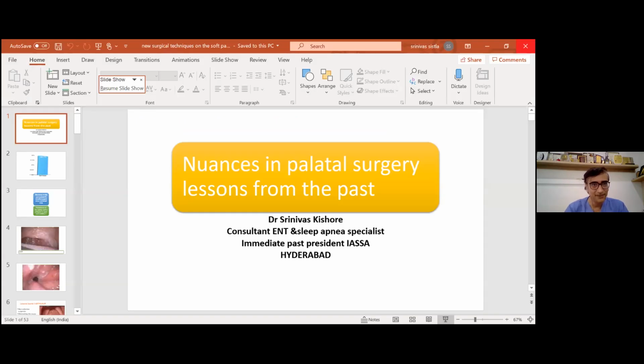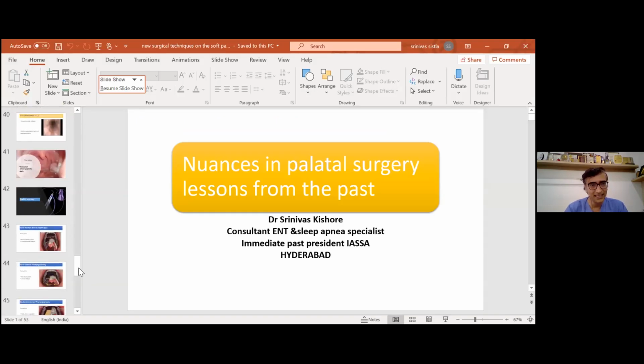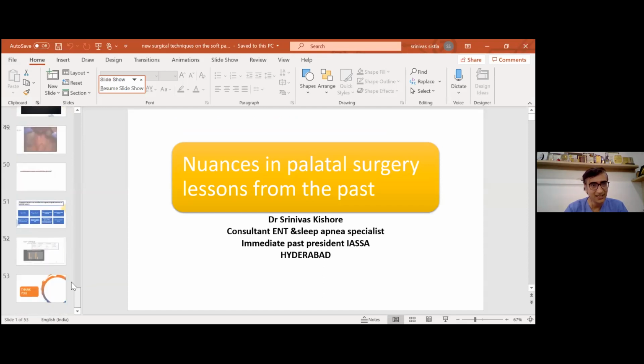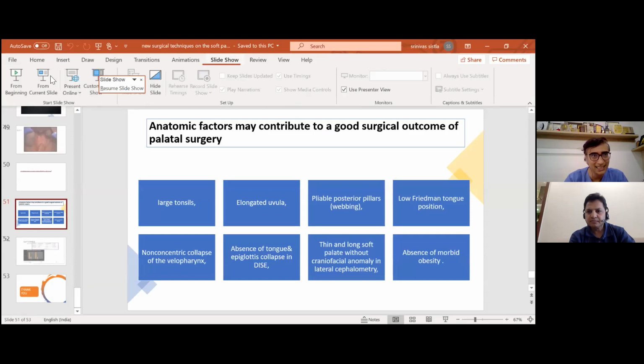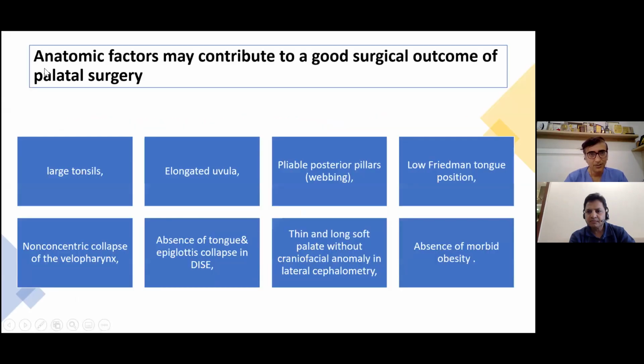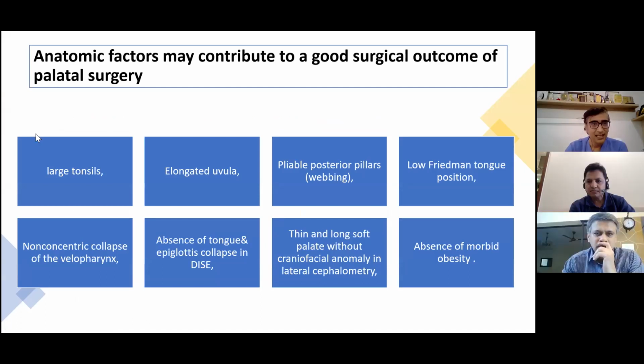So, dear colleagues, this must come to an end, but I would like to give one small slide here. Now, what are the anatomical factors that may contribute to a good surgical outcome? If you have large tonsils, you have a winner.